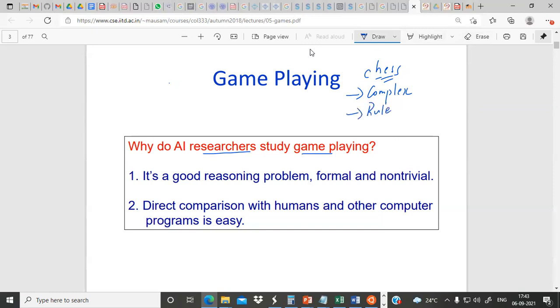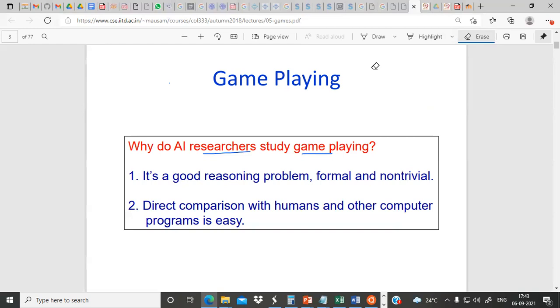We know the rules of the game, and we know that if you apply this rule, that will happen. So we have standard rules. With standard rules, it becomes easy for the algorithm to implement, and also we can verify the performance of the algorithm with humans or with other machines.